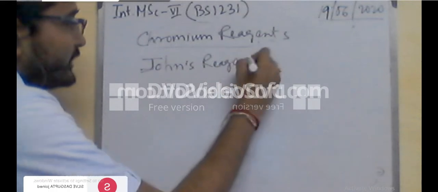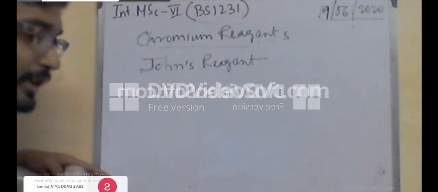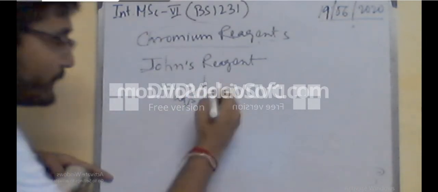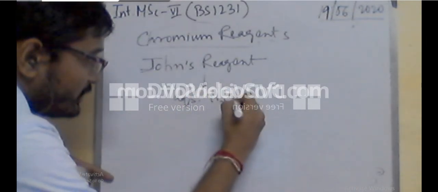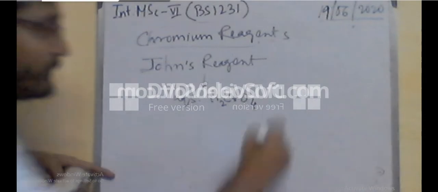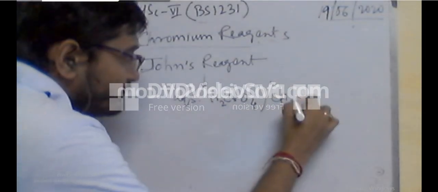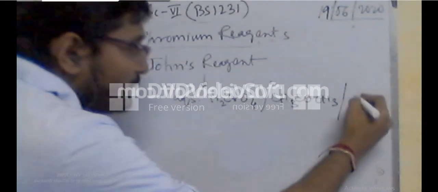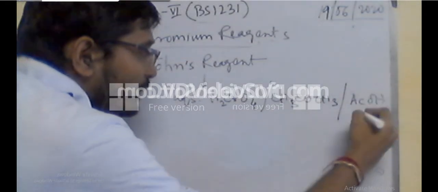So this is the combination of the Jones reagent: aqueous chromic acid in presence of acetone, in presence of either acetic acid or sulfuric acid. This reagent is named as the Jones reagent. So this is another oxidizing agent of secondary alcohol or 2-degree alcohol.